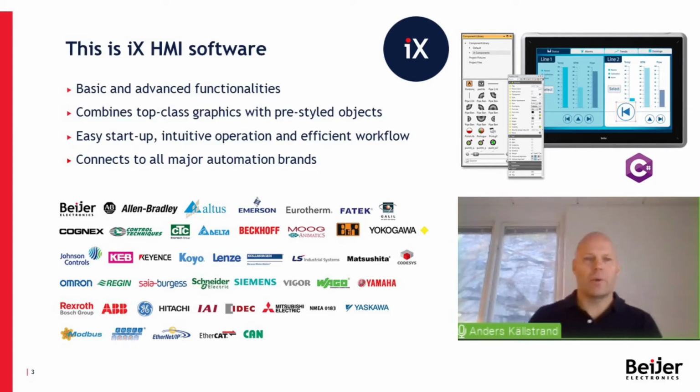It combines top-class graphics with pre-styled objects, so you can create really nice-looking screens. As I said before, it's easy startup. It's designed to have an intuitive operation and an efficient workflow. And also it connects to almost all major automation brands, as you can see on the logos down here. It's a really nice feature with IX, I would say.